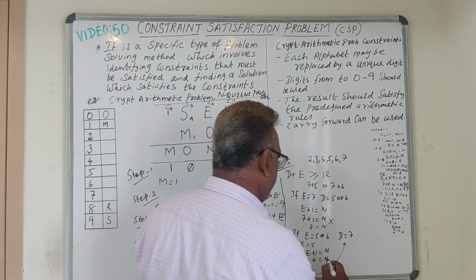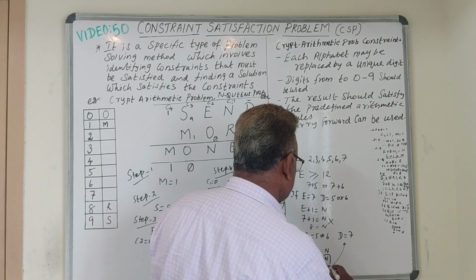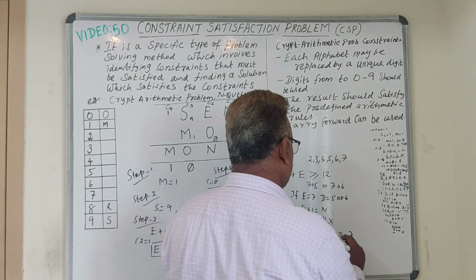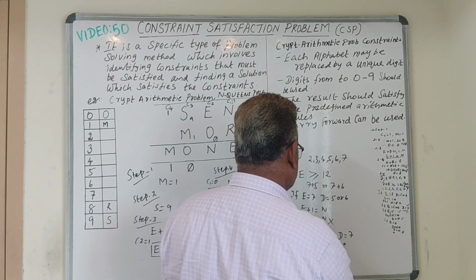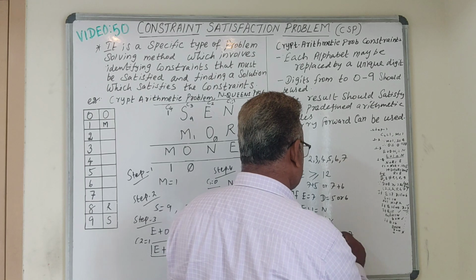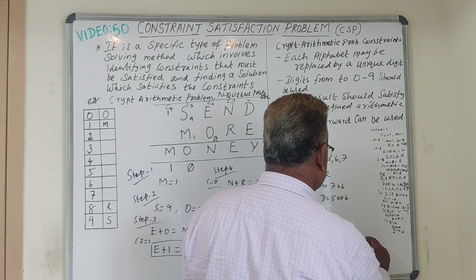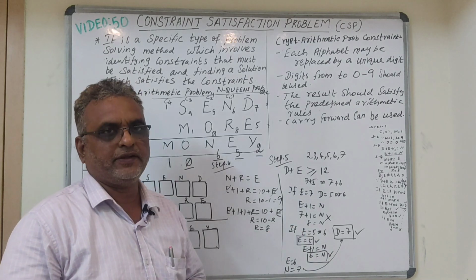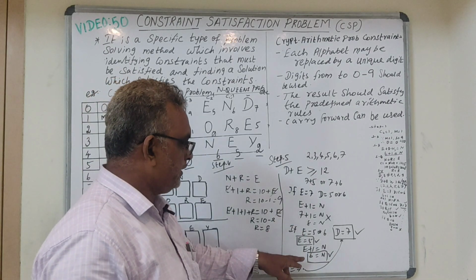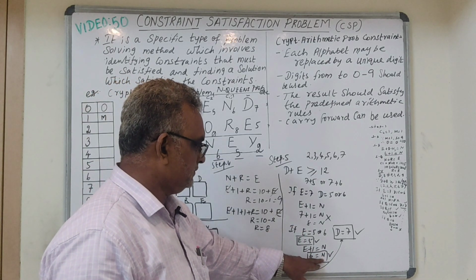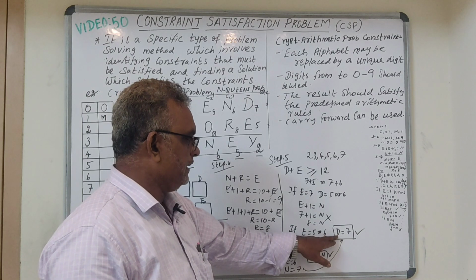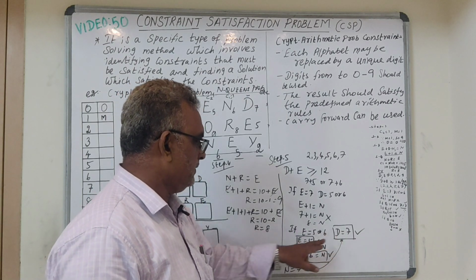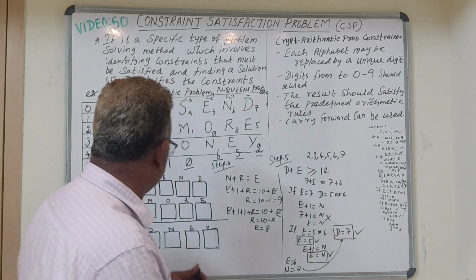So now from this we can conclude. The value of N is 6, this is correct, and E is 5, this is also correct, and the value of D is equal to 7. So at the end of step 5 we are able to find the values: N is equal to 6, D is equal to 7, and E is equal to 5.